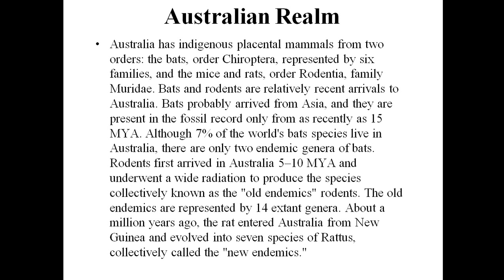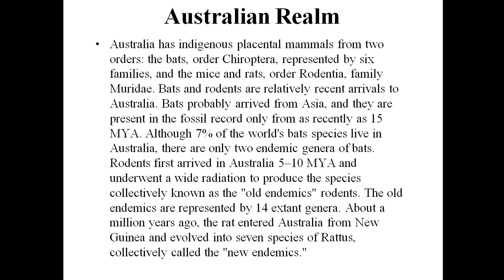7% of world's bat species live in Australia. Rodents, that's the rats and mice, must have arrived in Australia 5 to 10 million years back, and now spread all over the Australasian region.